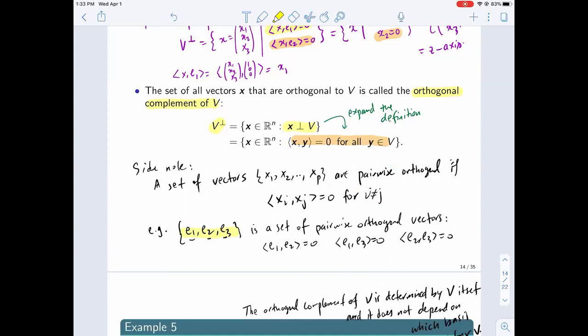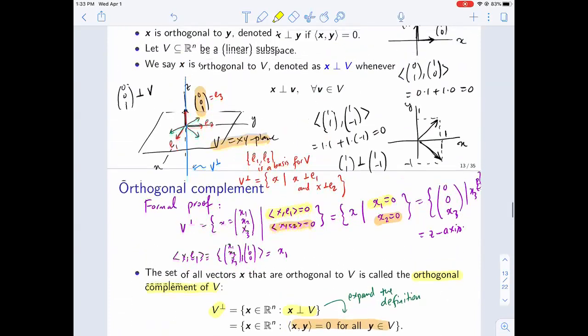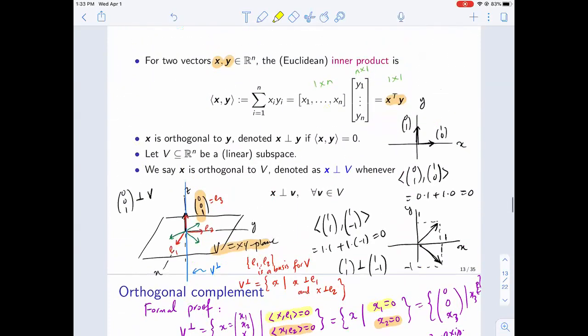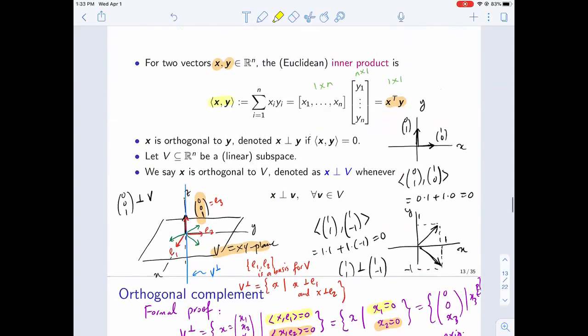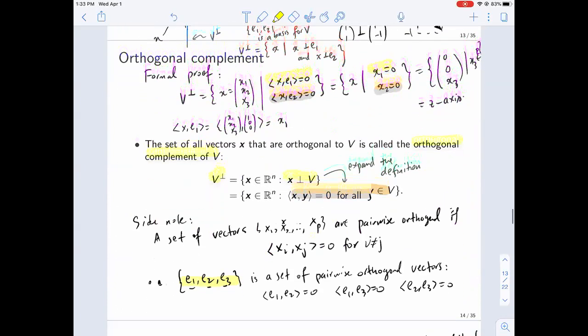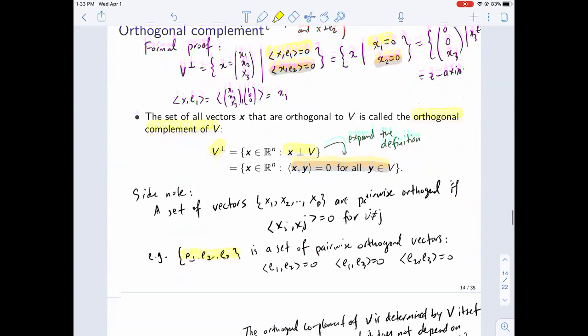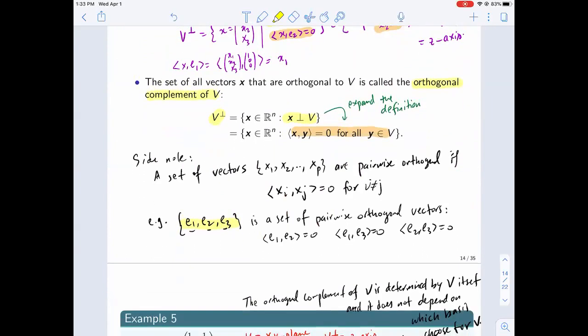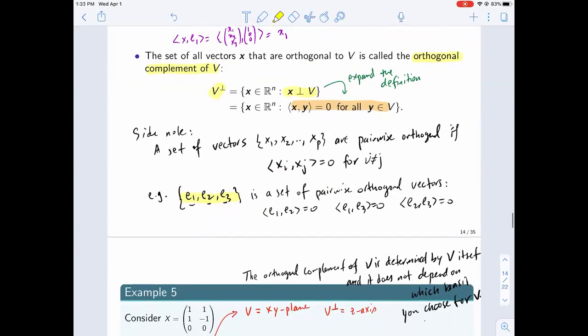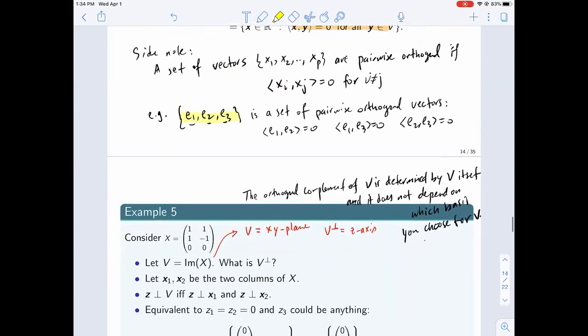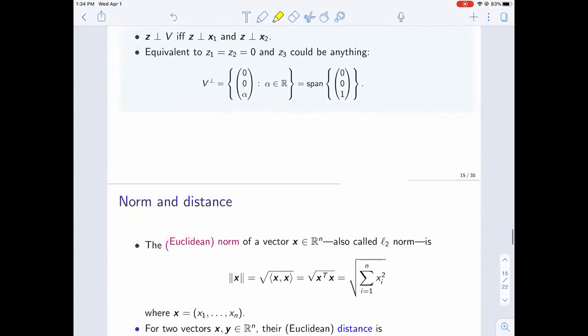As an exercise, you can prove it using the definition of linear independence and the definition of orthogonality. You form a linear combination, set it equal to 0, and then take the inner product of both sides with each of the elements in the set. I'm not going to discuss it too much. I'll let you figure it out yourself. Okay. Other questions?